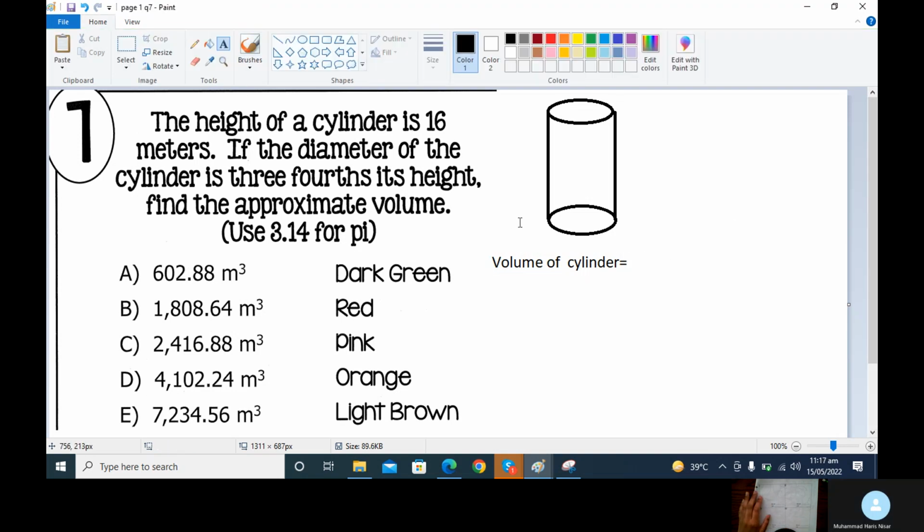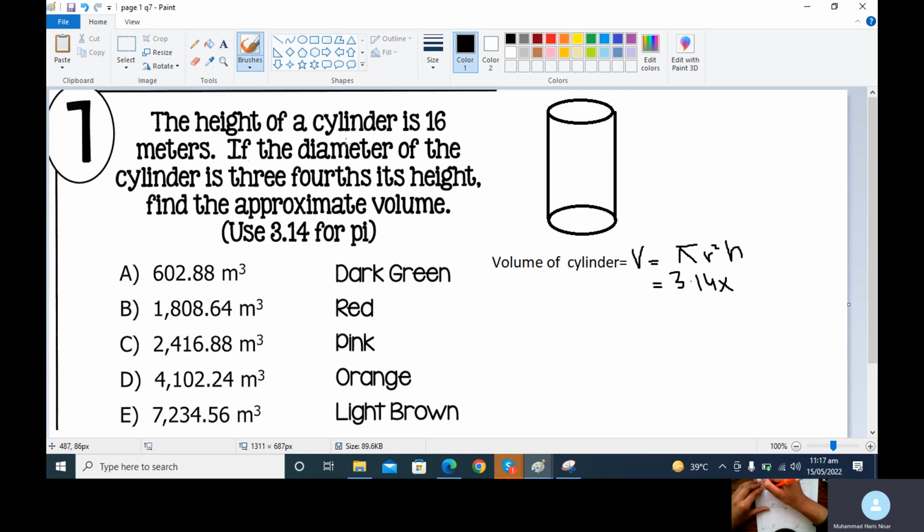So the pi value is 3.14, it is mentioned, and we need to find the value of r.